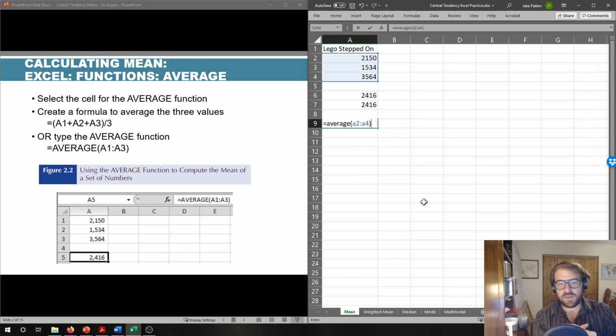So if I had data for A2 through A18, I could say A2 colon A18. Just think of a colon as through. You can select it or you can type it in. If you have a really large amount of data, it's actually a lot quicker to type it in. If you have a small amount of data, of course, it's easier to just select it.